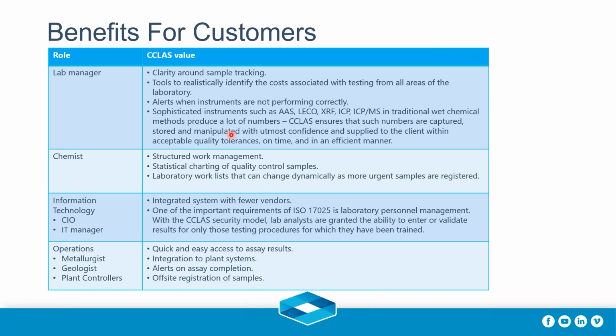And if that data is captured automatically, you have confidence in the quality of that data. From a chemist or analyst point of view, they have structured workflow management. They can look at the statistics of their quality control samples or your CRM samples. And then laboratory work lists can dynamically change based on the samples that are registered if they are more urgent.